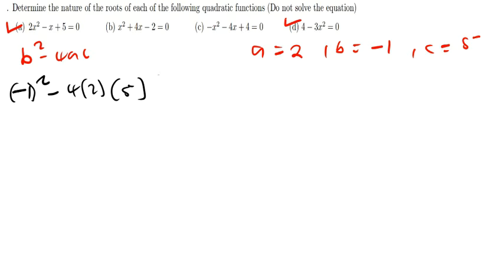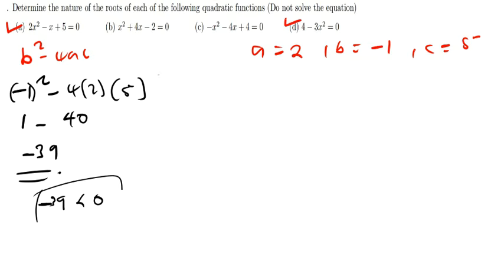So let's see. (-1) squared is 1, minus 4 times 2, that is 8, 8 times 5. What is 8 times 5? It's 40. So 1 minus 40 is -39. What will be your conclusion? Now, this is less than 0. So -39 is less than 0. So what will be the conclusion?